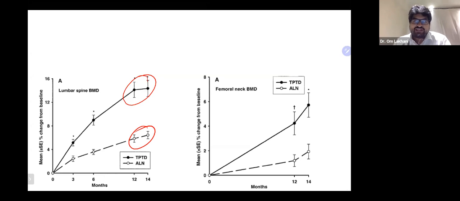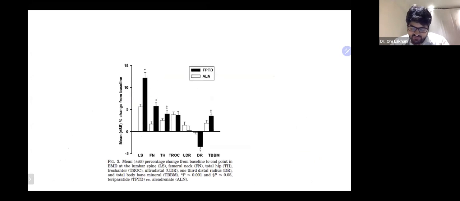Both are good batsmen, but there is a clear difference, no doubt about it. You can see here the bone mineral density at the lumbar spine improves significantly compared to alendronate. And at the femoral neck, again you can see teriparatide compared with oral alendronate. This comparison is important because in clinical practice we often prefer using alendronate instead of teriparatide, and I think there is clearly a difference here.